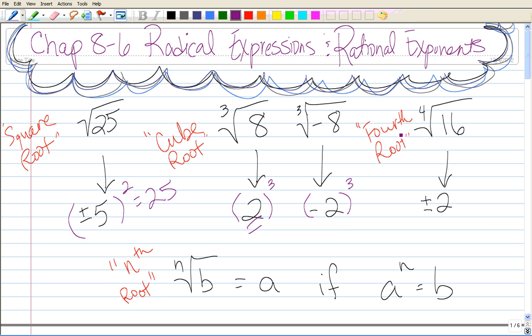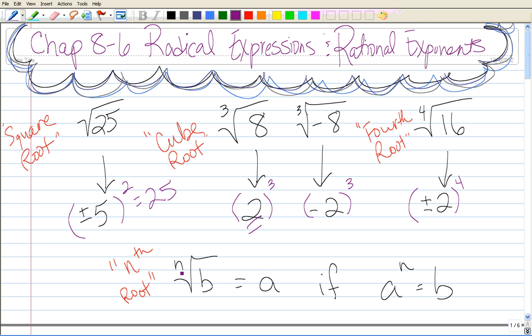And similarly, the fourth root of 16, what number multiplied by itself 4 times is 16? Well, I can have positive 2 or negative 2, because no matter which one I use to the fourth power, I will get 16. So, generally speaking, the nth root of b is equal to a if a to the n power equals b.